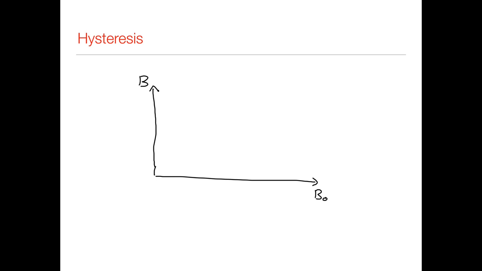I'm going to start initially with no applied field, no magnetization. In that case, my material looks something like this. Here are my domain walls, exactly as I had before, all equally balanced out.